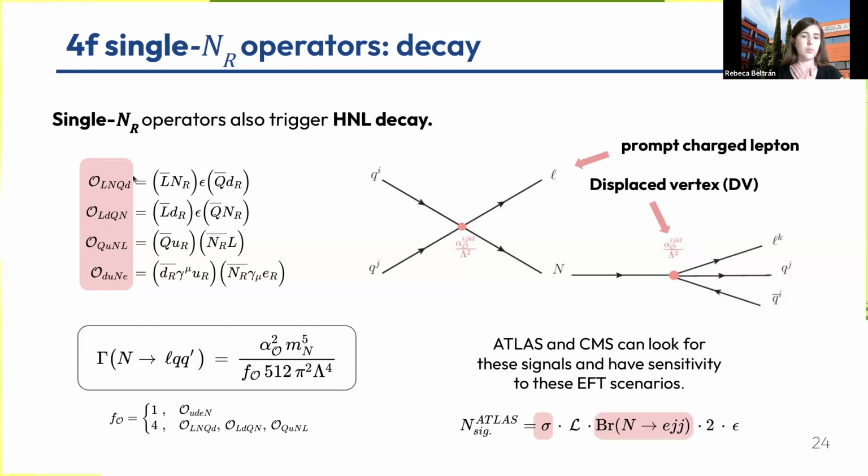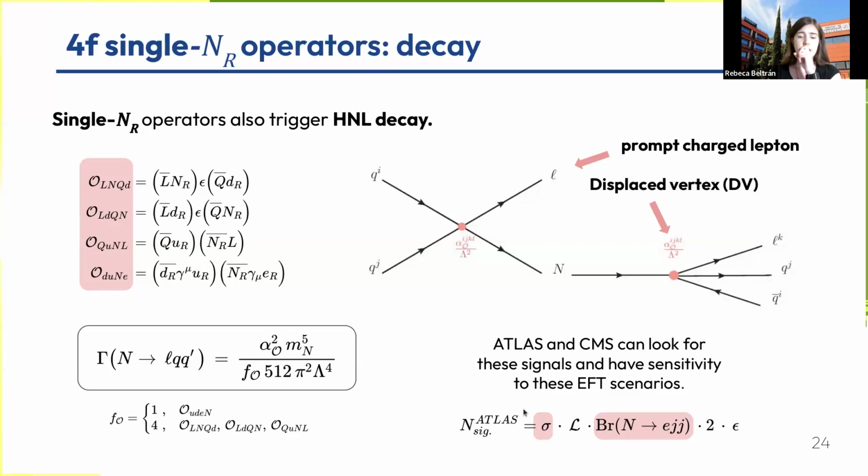Besides, because these operators have produced an associated charged lepton in the production, then there is an accompanying prompt charged lepton. So this signature, displaced vertex plus prompt charged lepton, can be looked for at ATLAS and CMS. So these experiments are sensitive to this type of scenarios.